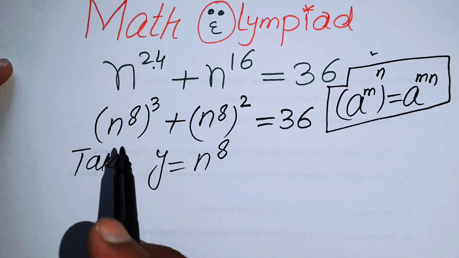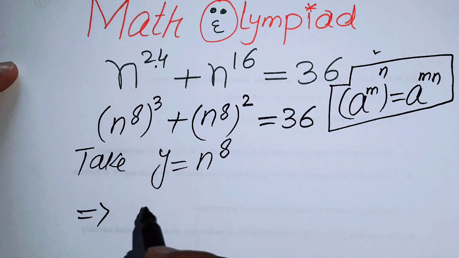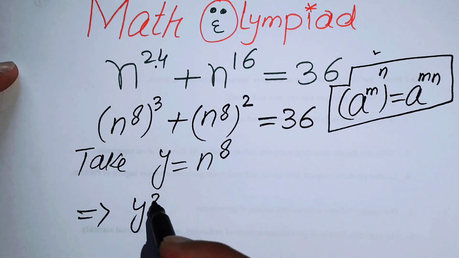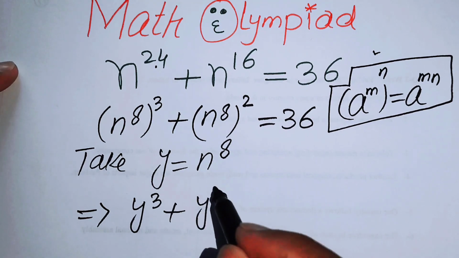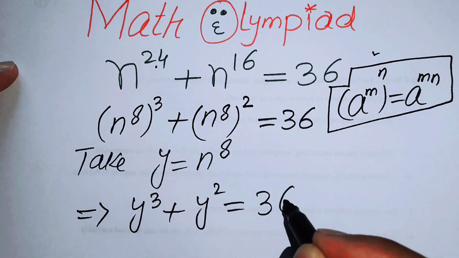When we put y equals n to the power of 8, this expression is written as y cubed plus y squared equals 36.